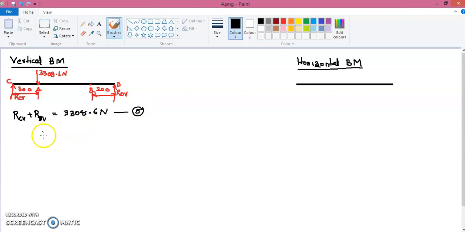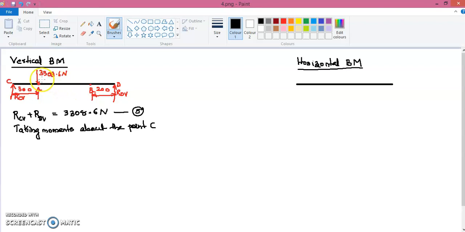Now we have to find out this force RCV and RDV. So let us take the moment with respect to the point C, taking moments about the point C. We have two forces acting with respect to this point C. One is the upward force reaction RDV.